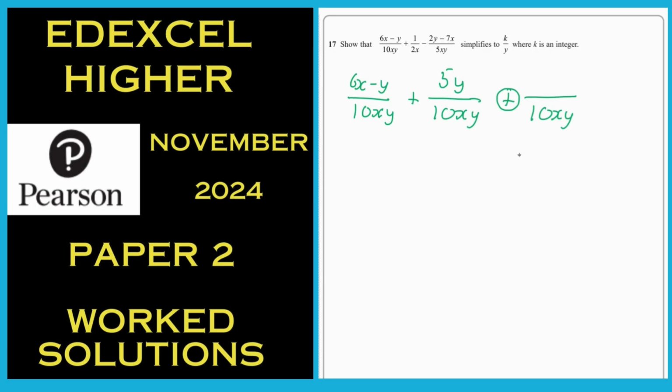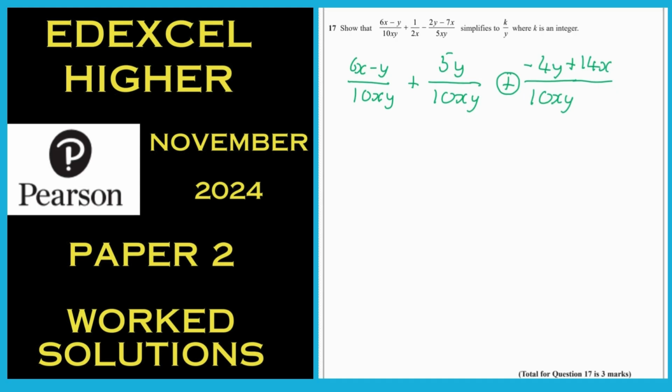So actually, it's a negative 2y, which needs doubling, but it's negative 7x. That's positive 7x. That also needs doubling.